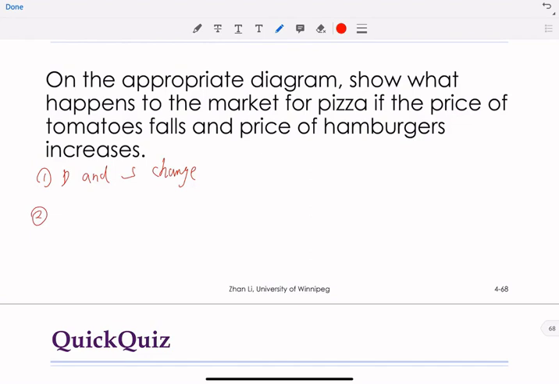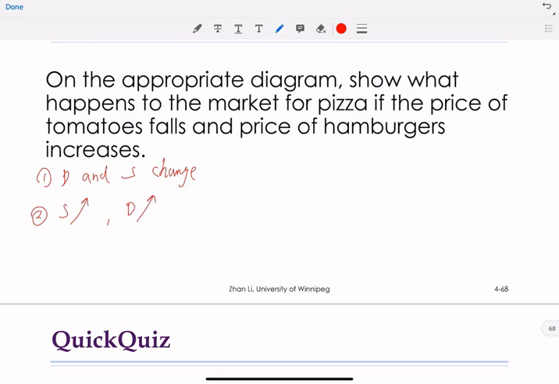If the price of tomatoes falls, then this implies input price is lower. So this should shift the supply curve to the right, which means supply should increase, right? And then we also have the case that the price of hamburgers increases. If hamburger becomes more expensive, then people will be more willing to buy pizza, right? So demand for pizza should also increase.